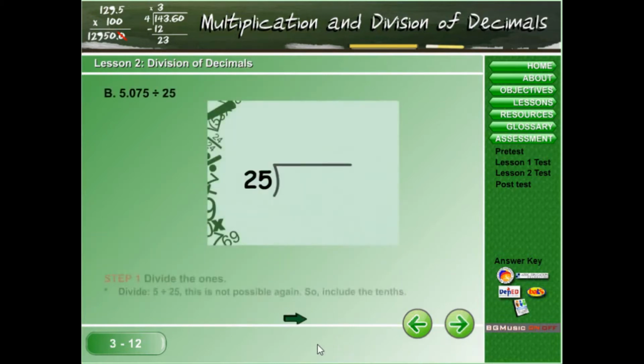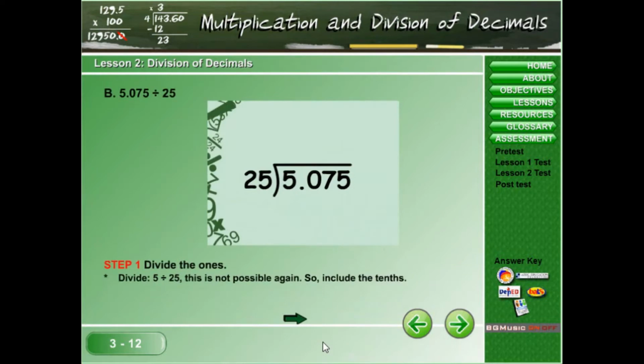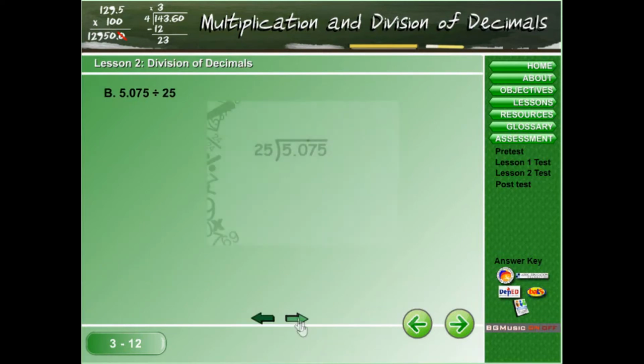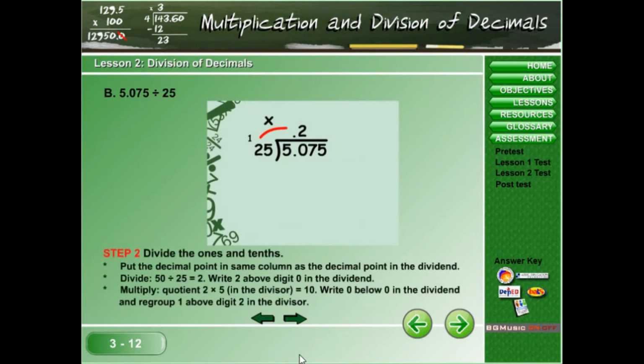B. 5.075 divided by 25. Step 1. Divide the ones. Divide. 5 divided by 25. This is not possible again, so include the tens. Step 2. Divide the ones and tens.